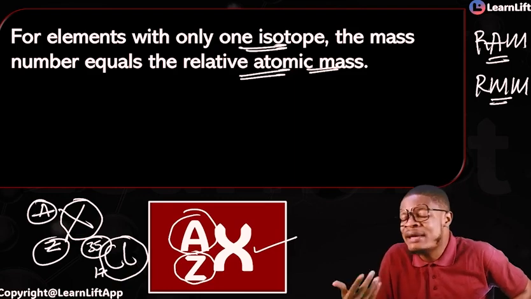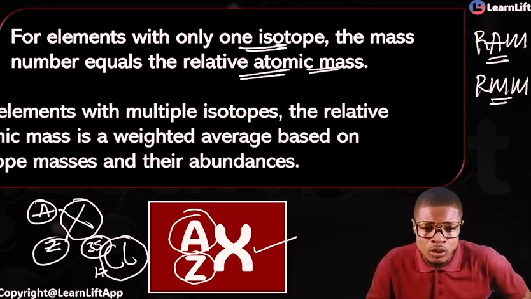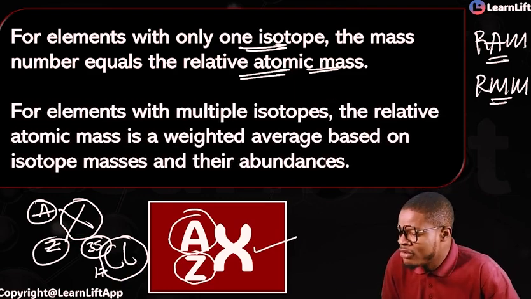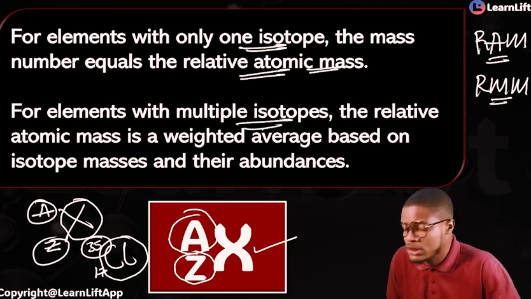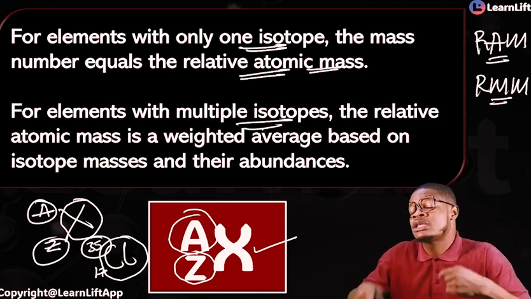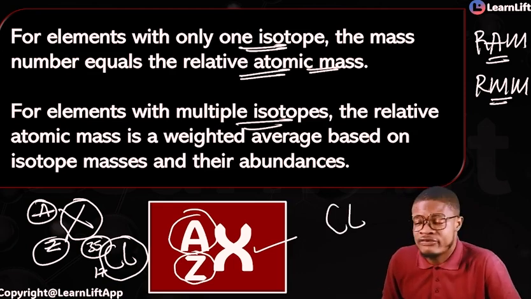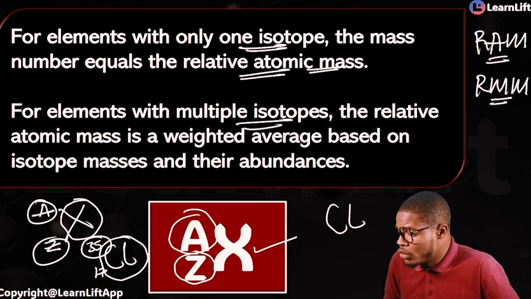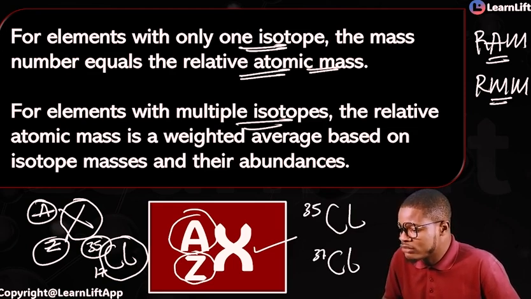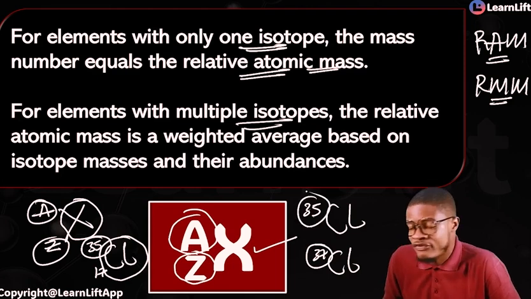But there are other elements that have more than one isotope. Give me a good example of elements with multiple isotopes. Like, for example, chlorine. We have chlorine 35, and we also have chlorine 37. You can see that the isotopes are different.